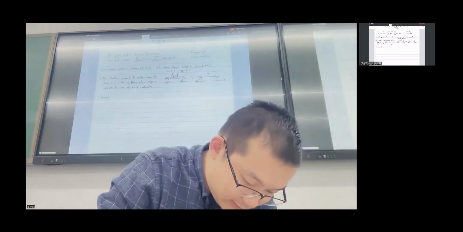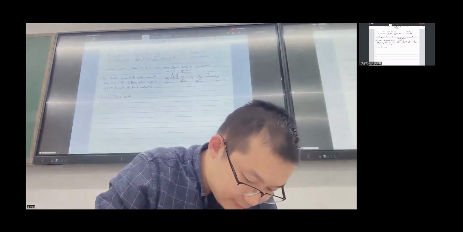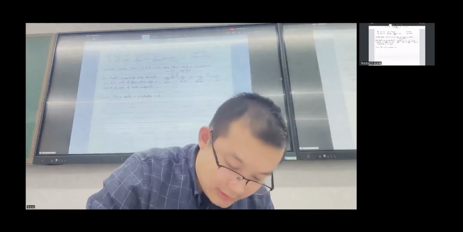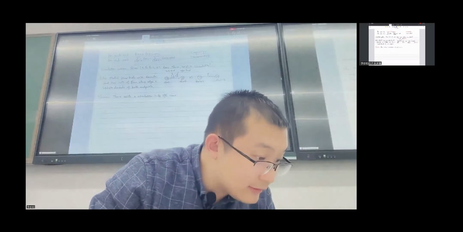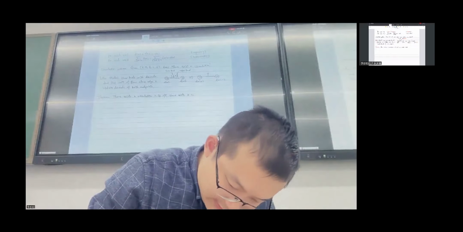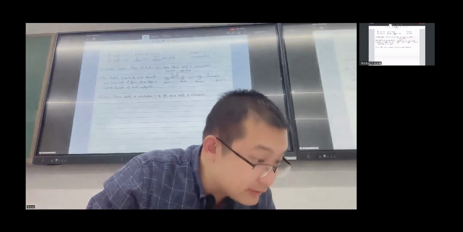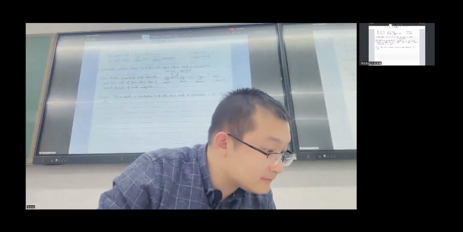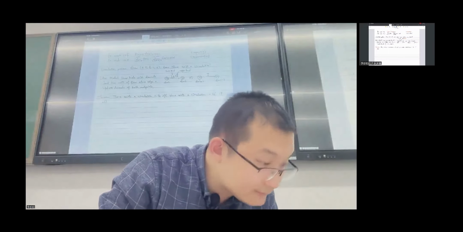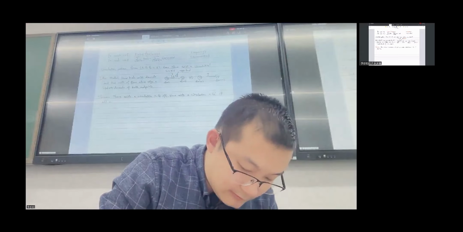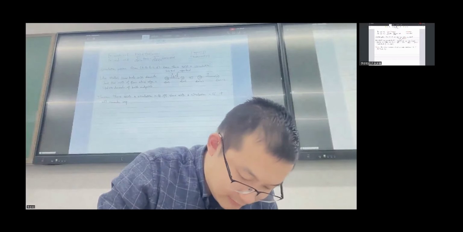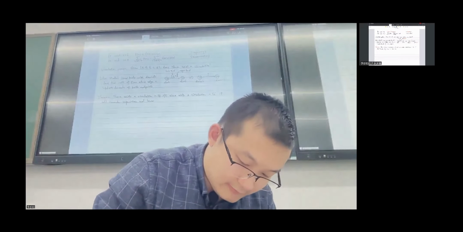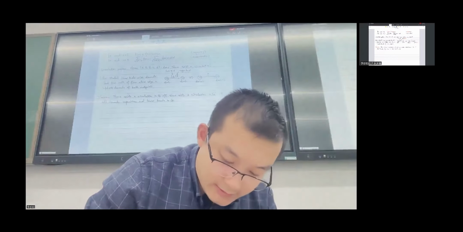There is a circulation in G if and only if there is a circulation in G prime, if all demands and lower bounds in G are integers.